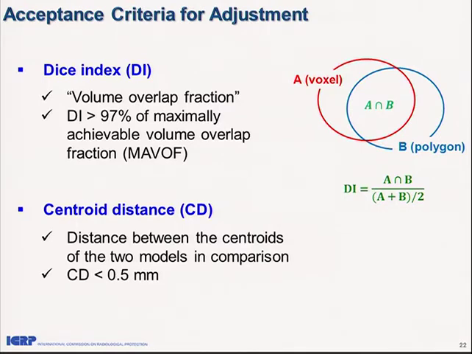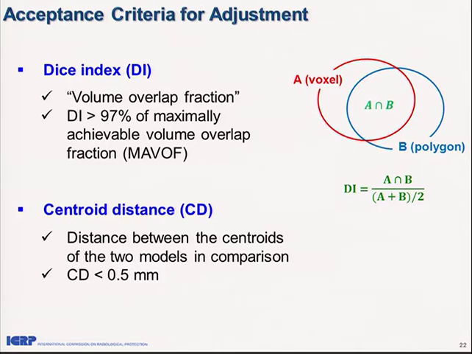One is the Dice index, which is simply the volume overlap fraction of two different objects. To declare a successful conversion, the Dice index should be greater than 97% of the maximally achievable volume overlap fraction.